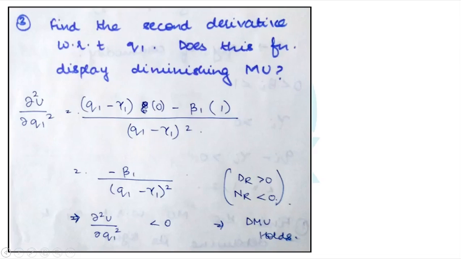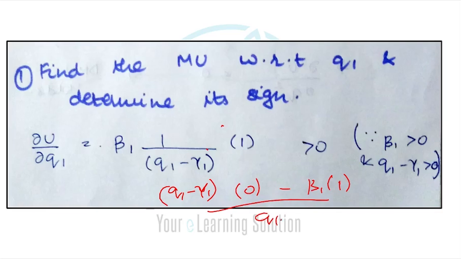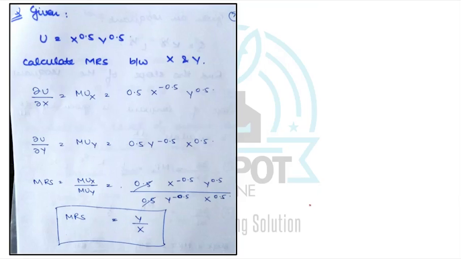Now when you find the second derivative with respect to Q1, does this function display diminishing marginal utility? When you say del squared U by del Q1 squared, you again start with this, so you go ahead with the division rule: V into derivative of U minus U into derivative of V upon V squared.